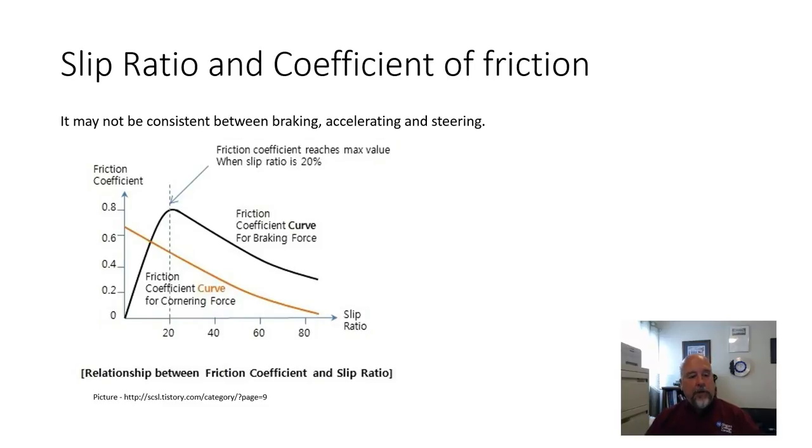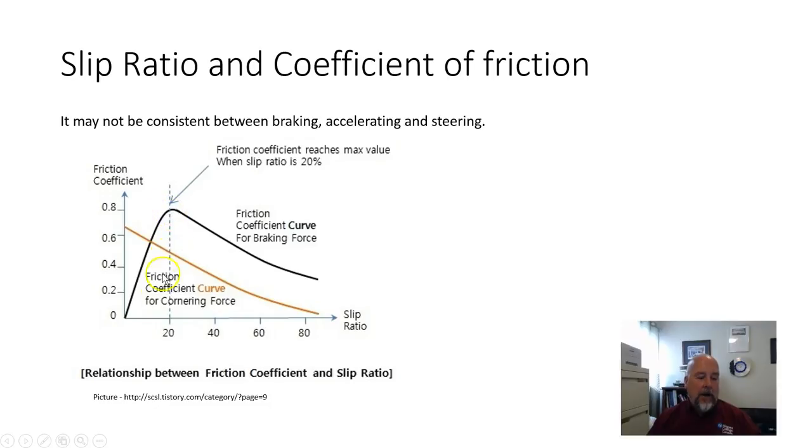Okay, slip ratio, coefficient of friction. It may not be consistent between braking, accelerating, and steering. So we mentioned this a little bit earlier, but with this friction coefficient for curve or cornering force, you see that our amount of traction drops. The more it slips, the less ability we have to turn. And here you see for our braking and acceleration loads that they match the previous graph.